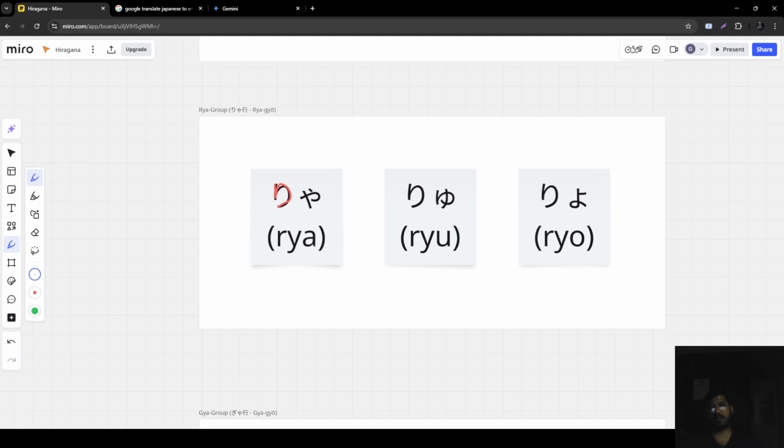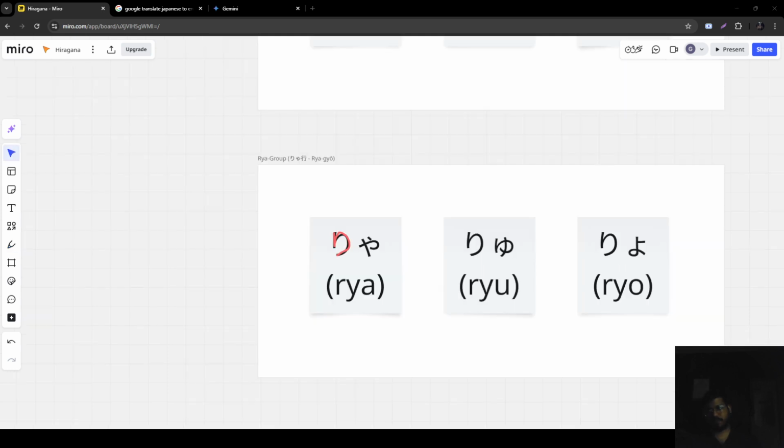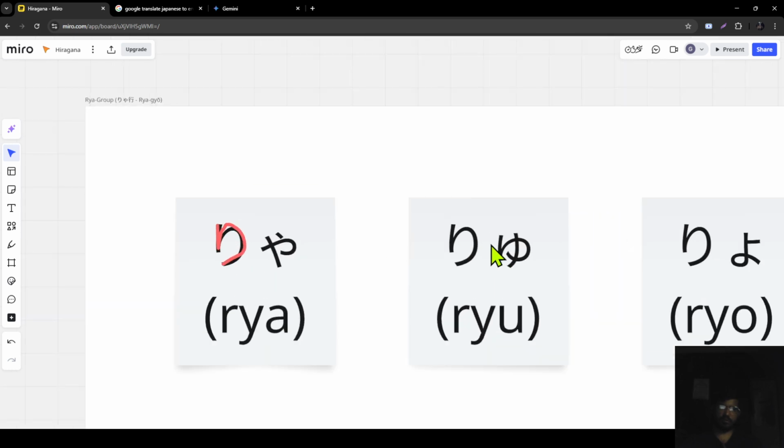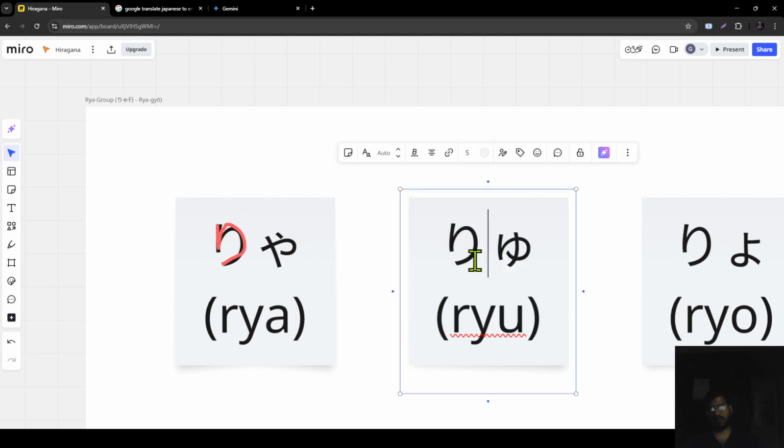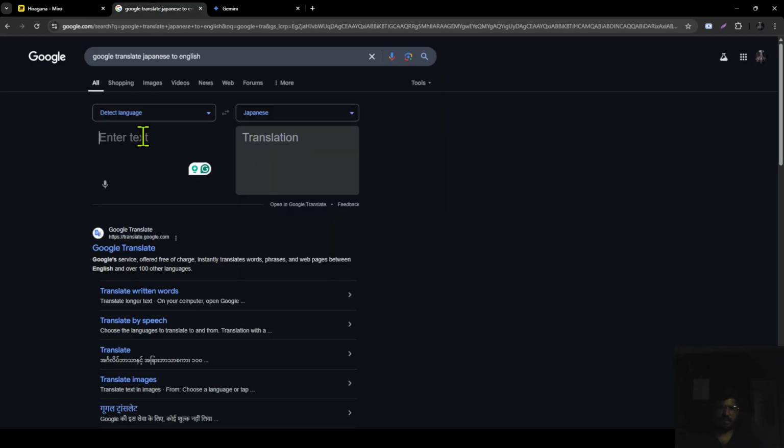Why is it rya, ryu, ryo? Doesn't look like ri, right? No, it's ri. So what happens in Japanese? There are quite a lot of forms. This is ri, but if you can see here, I copy this and paste it here.